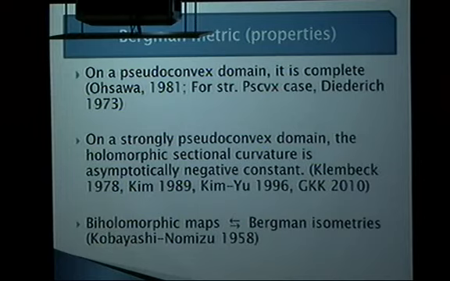Later, Takeo Ohsawa proved that for any bounded pseudoconvex domain with C1 boundary, C1 pseudoconvex in that case. Anyhow, for the C2 case there's no problem. There's some small controversy about the C1 case, but the C2 case is fine. So completeness follows from the strong pseudoconvexity, which we assume.